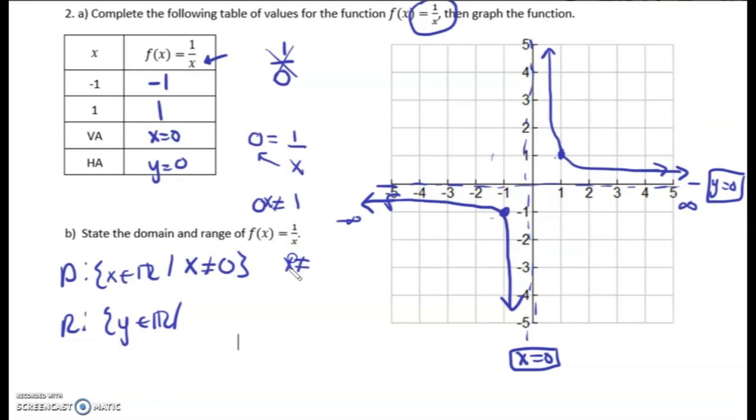So x does not equal the vertical asymptote, if you want a little note for yourself. Okay, and then the y is going to be the same thing. Y does not equal 0. So the y values are going to go up to infinity and down to negative infinity, but the y's are not going to equal the horizontal asymptote.